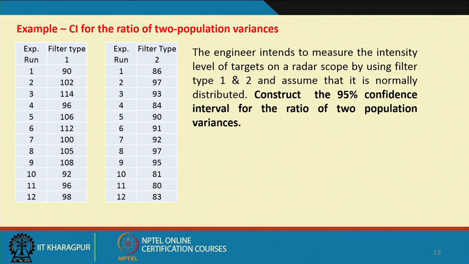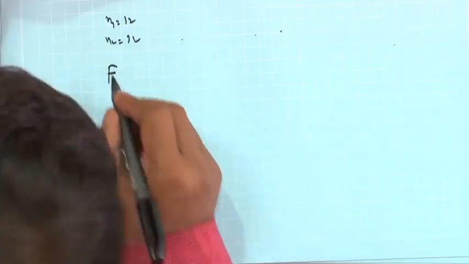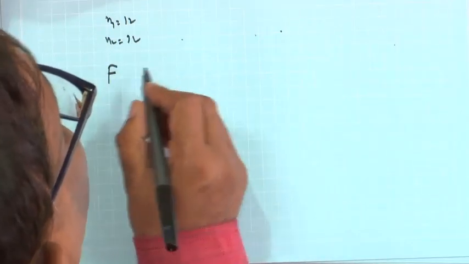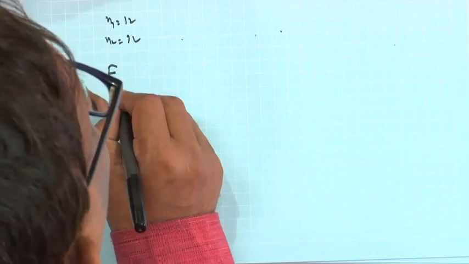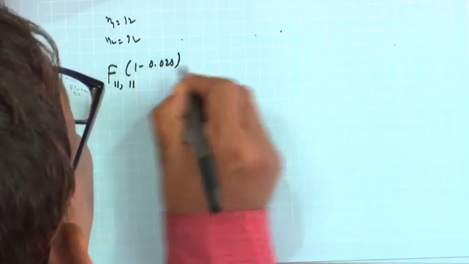N1 equals 12, N2 equals 12. So what you require is F of 11, 11 and 1 minus 0.025.